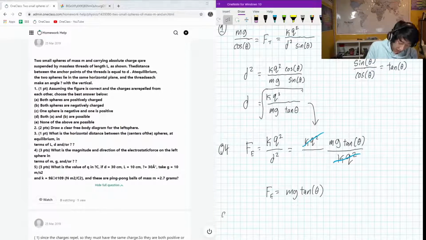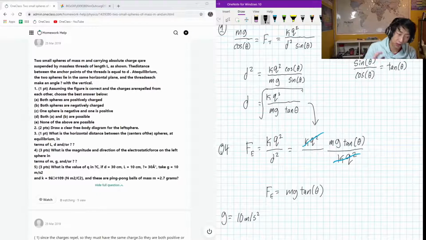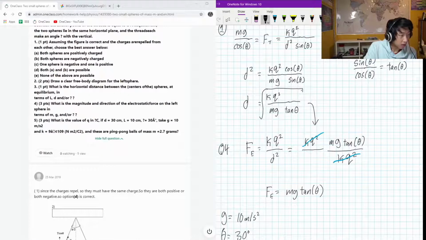Given these numbers, we have G equal to 10 meters per second squared. Our angle is 30 degrees. Our distance of separation is 30 centimeters. Another way of writing that is 0.30 meters, because it's always good to rewrite stuff in base SI.